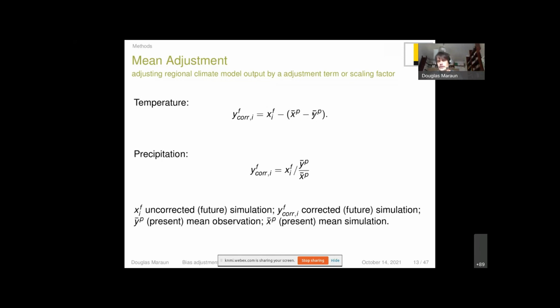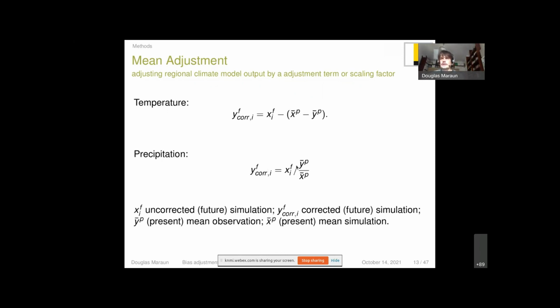Let's say your model simulates a temperature of 25 degrees, and you know the model is on average 2 degrees too warm, then you would subtract it. So instead of 25, you would get 23. That's the simplest thing you could do.